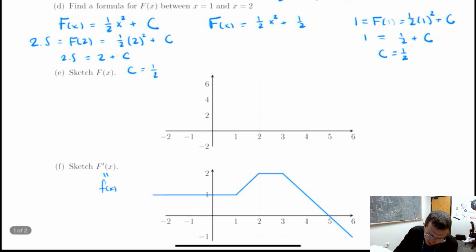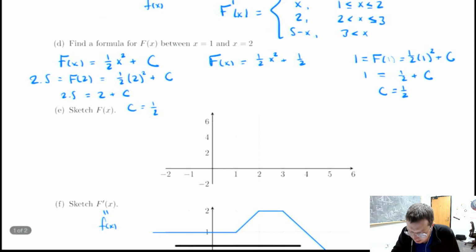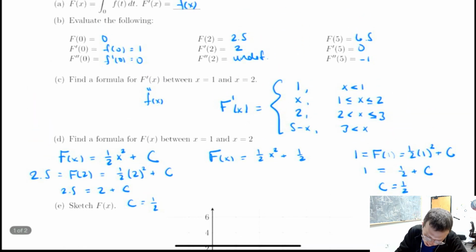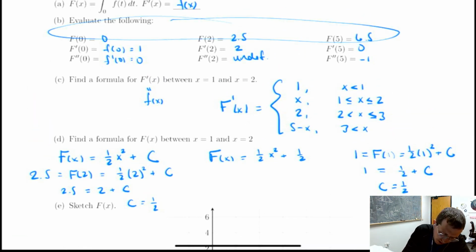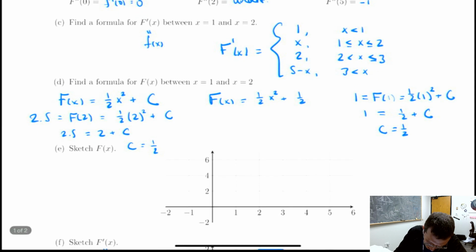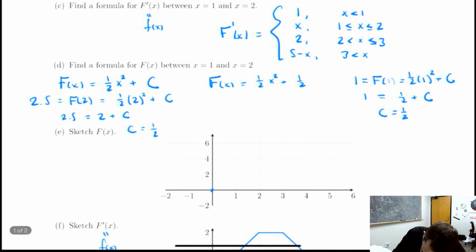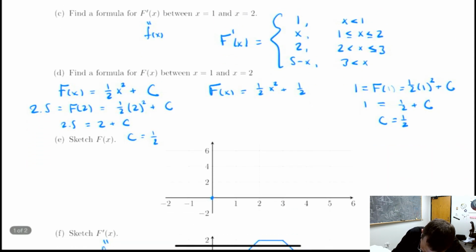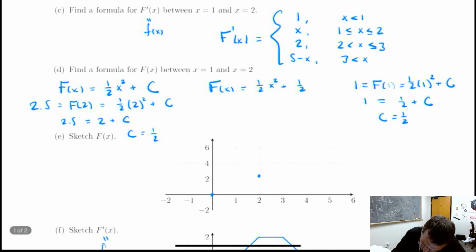The graph of capital F of x is a little more interesting. So I know some values. So why don't I plug those values in? F of 0 is 0. F of 2 is 2.5. F of 5 is 6.5.